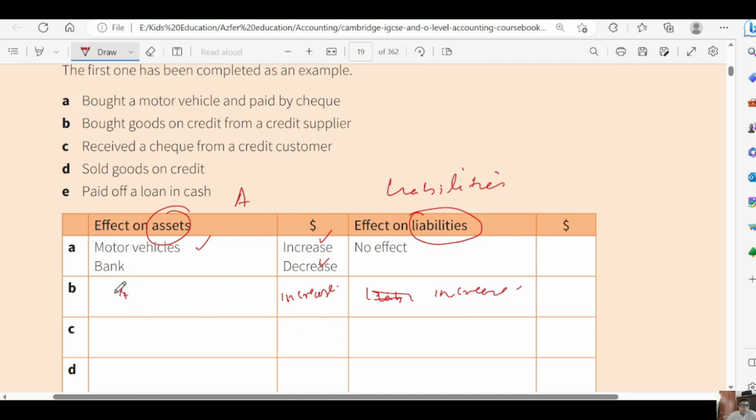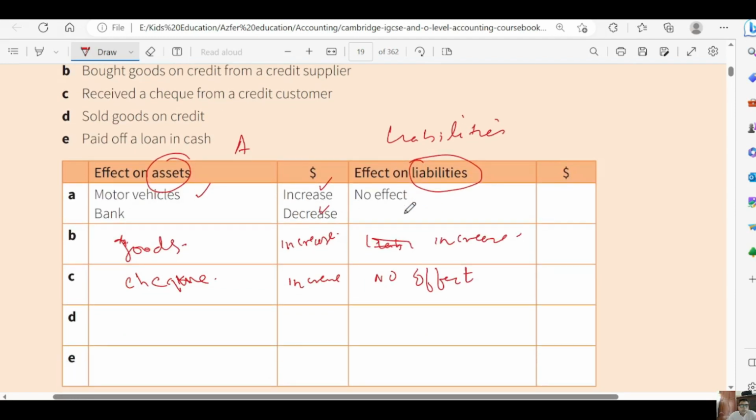Receive a check from a credit customer. Okay, asset, check. Asset has increased. No effect on liabilities. No, okay.